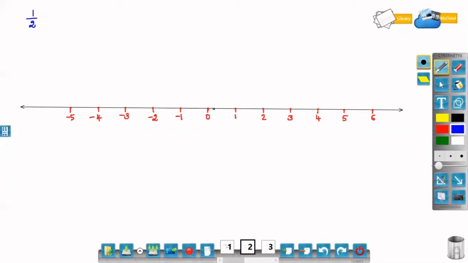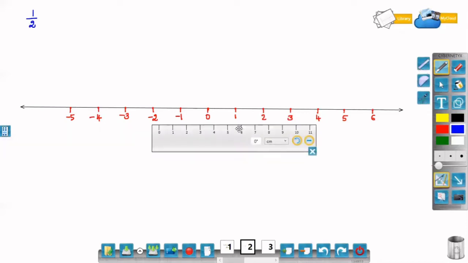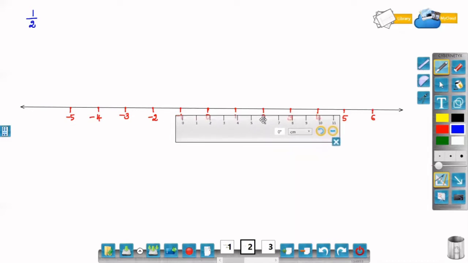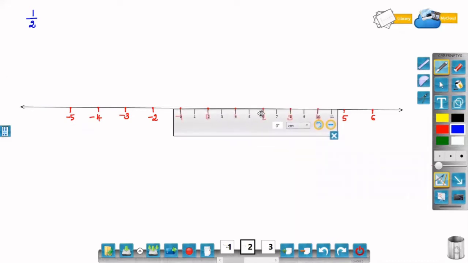Where does 1 by 2 lie on the number line? 1 by 2 lies between 0 and 1. It is easy. So, mark the midpoint of 0 and 1.